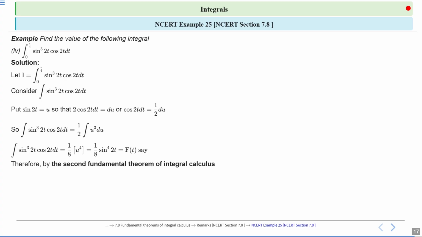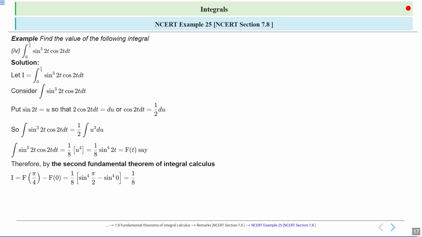Okay, now the first step is complete. So now we use the second fundamental theorem of integral calculus to calculate the value of the definite integral, and that is F of the upper limit, that is pi by 4, minus F of 0, that is the lower limit value.